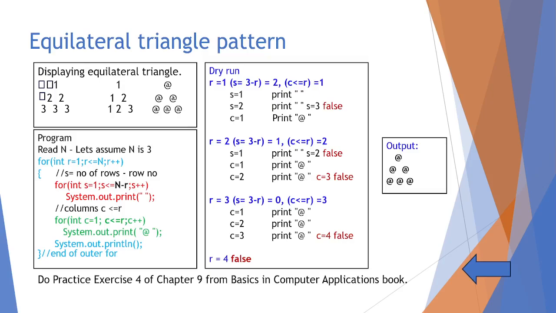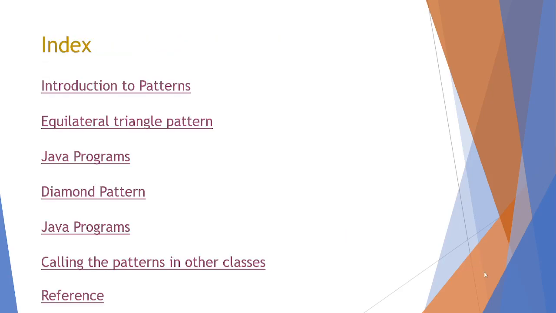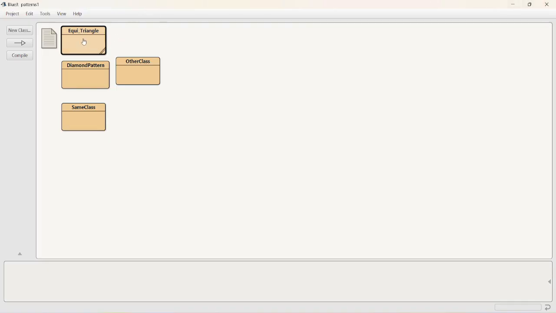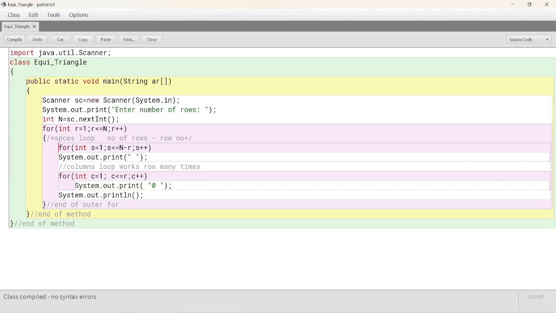Let's see the Java program related to the equilateral triangle. Same program: we are reading with a scanner the number of rows. r is 1, r less than or equal to n, r plus plus for rows. s is 1, s less than or equal to n minus r, s plus plus. c is 1, c less than or equal to r, and print the at the rate sign.